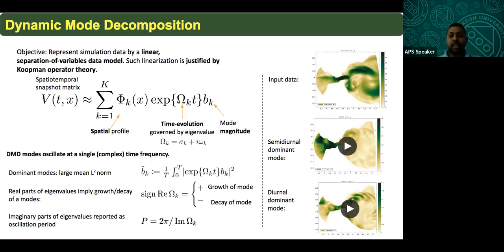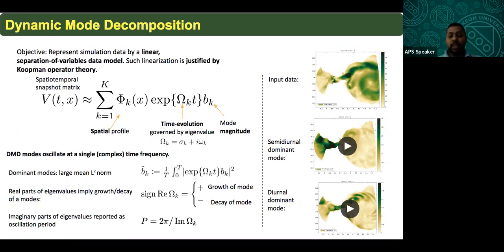For example, here we have the original data set. We have a lot of features there. We want to isolate some features, like the tides. For example, if you want to isolate the semi-diurnal tide, we check the frequency, or the imaginary part of the eigenvalue, for the period.